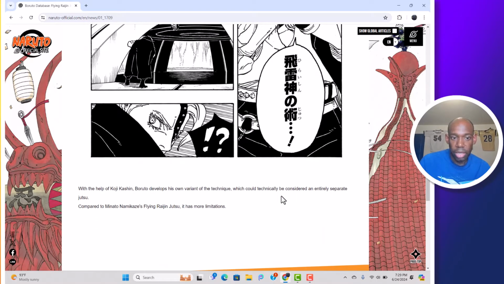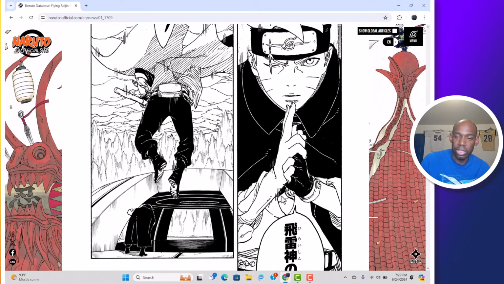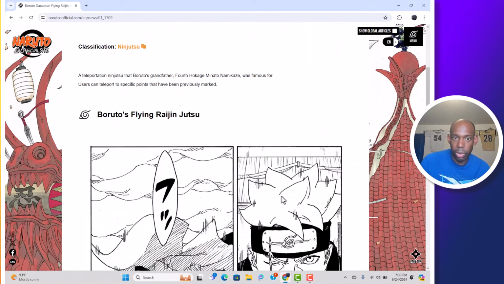With the help of Kashin Koji, Boruto develops his own variant of the technique, which could technically be considered an entirely separate jutsu. Compared to Minato Namikaze's flying Raijin jutsu, it has more limitations. So how Boruto uses the flying Raijin is more limited than the way Minato used it.